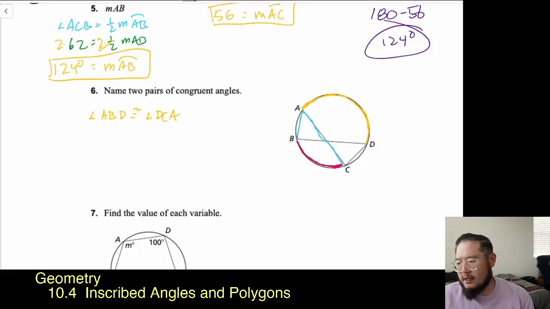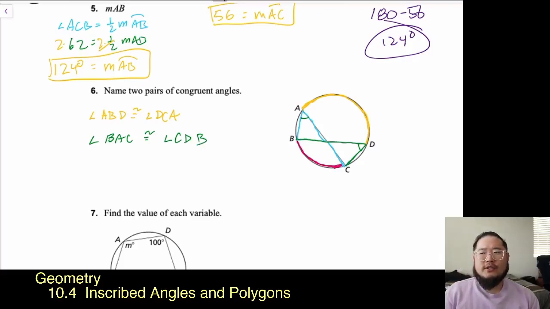You can see it intercepts arc BC. And then we have right here angle CDB. It also intercepts arc B to C. So that tells me that these angles right here are also congruent. So I've got angle BAC is congruent to angle CDB. And those are your two pairs of congruent angles right here.